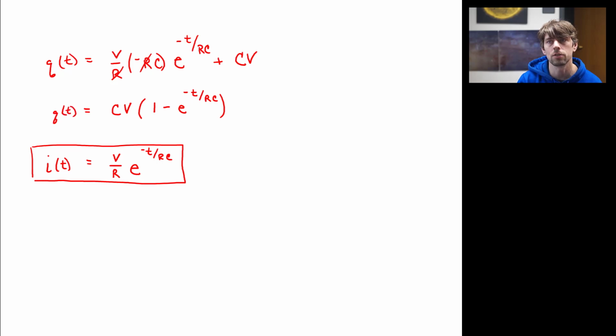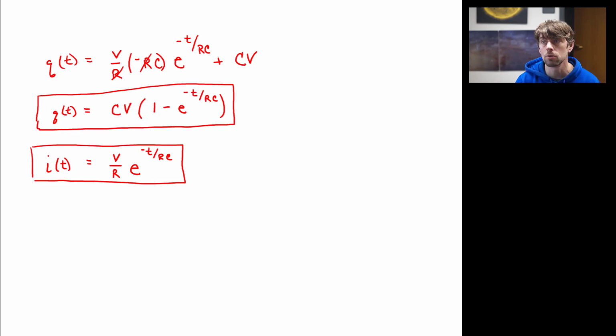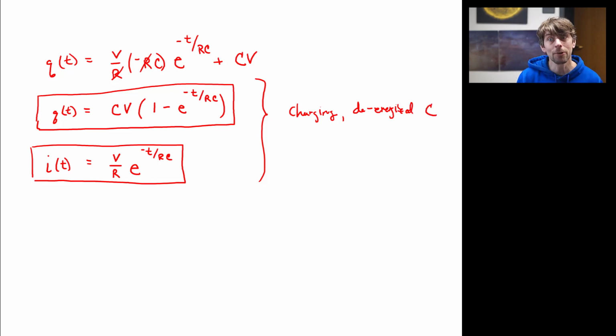Well, it's a single solution, but it depends if you're interested in the current or if you're interested in the charge. There are the two solutions for a charging, I'll call it de-energized capacitor. Pretty cool, huh?